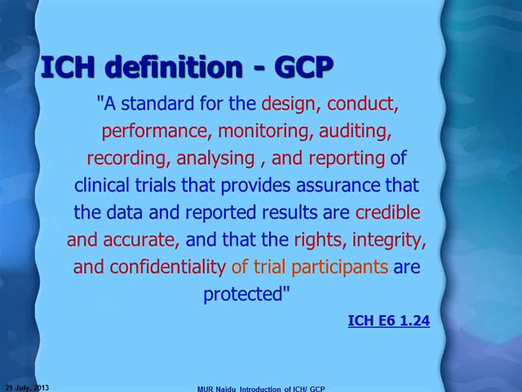Coming to the definition, the ICH definition of GCP is: it is a standard for the design, conduct, performance, monitoring, auditing, recording, analyzing and reporting of clinical trials that provides assurance that the data and reported results are credible and accurate, and that the rights, integrity, and confidentiality of clinical trial participants are protected.